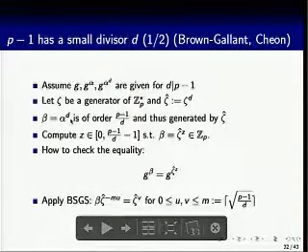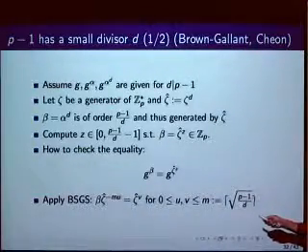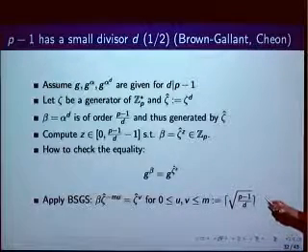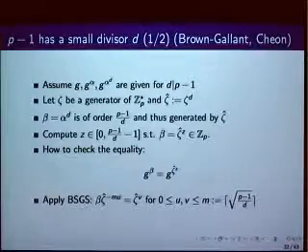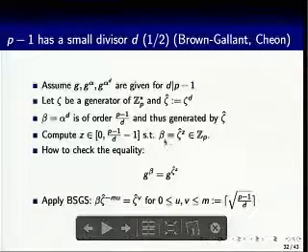Here, alpha to the d has order (p minus 1) over d, and thus it should be generated by zeta hat. And we compute g such that alpha to the d is equal to zeta hat to the g. If we can find g, then we can find beta.